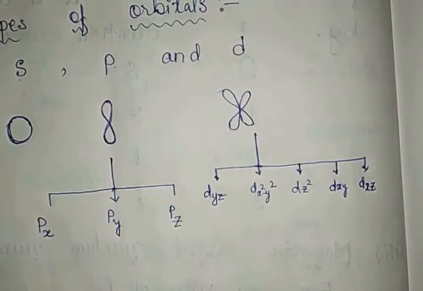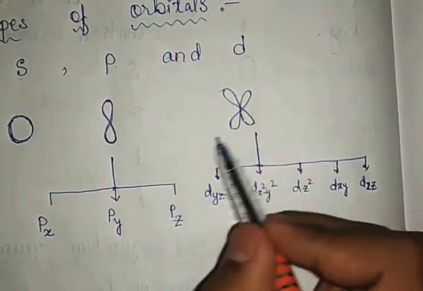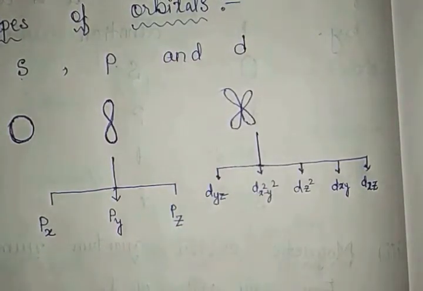These are the 5 suborbitals of the d orbital, or the d subshell.